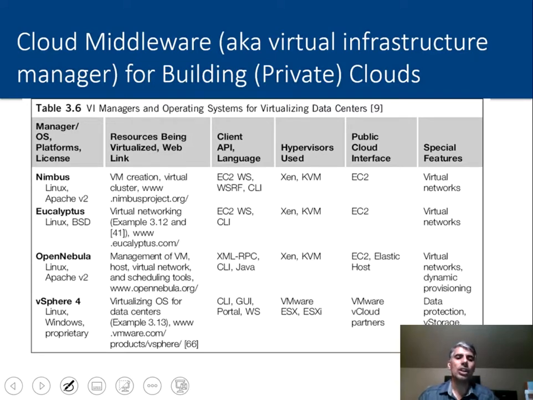There were other technologies like OpenNebula, which was a hypervisor, cloud middleware, or virtual infrastructure manager as it is also called, and vSphere 4. But after all of these, another platform came into play called OpenStack.